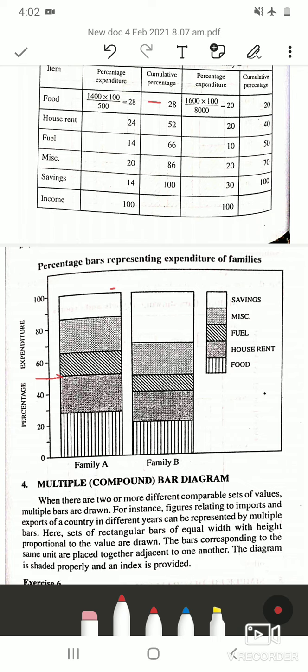Then the next, fuel, it is 66, plot it. Then miscellaneous, it is 86, and the savings is 100, which is not shaded. Don't forget to write this index, and the same shading is done for the next family. So this is all about percentage bar diagram.